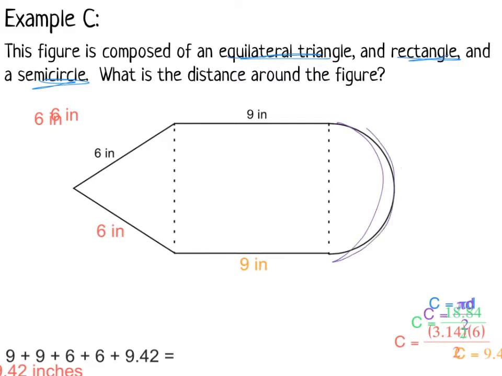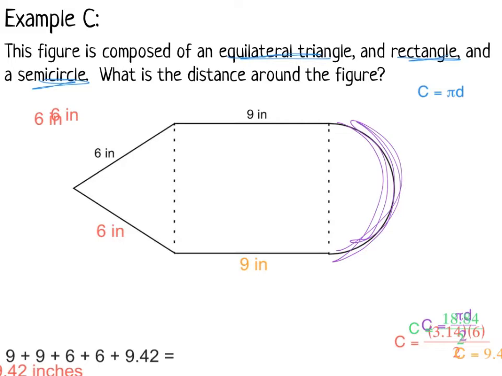So how can I figure out what my semicircle is? Well, it's not like I can just add up a side, and there's no information that they gave me. The only thing I know about a semicircle is it's not really called perimeter, it's called circumference. And if I look at my formula sheet, I have a formula for that, but for a full circle. For a full circle, it's circumference equals pi times d, or pi times the diameter.